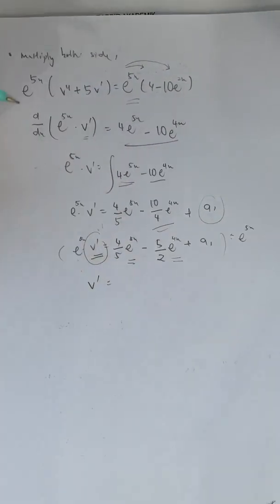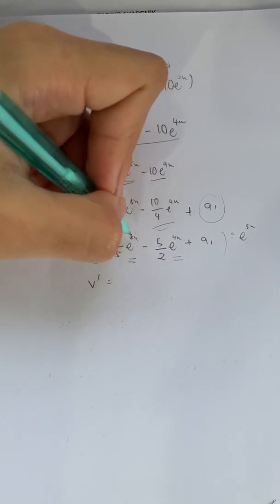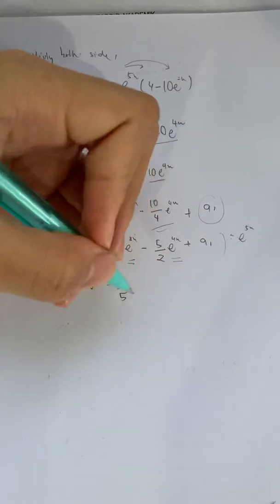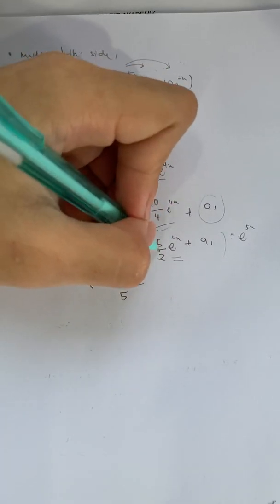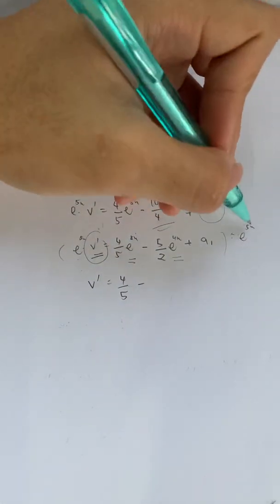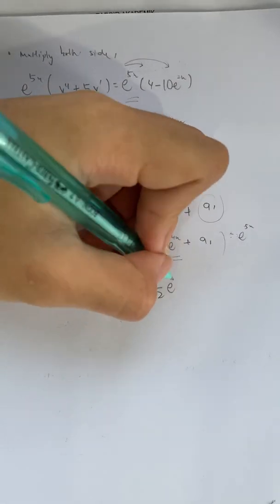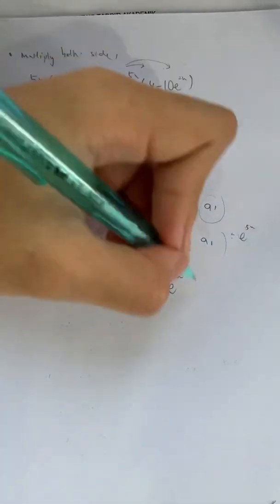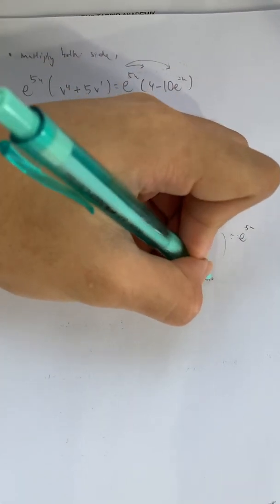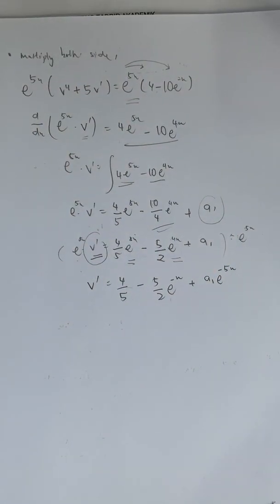So we get v prime, 4 over 5 exponential 5x divided by exponential 5x, we get 4 over 5, minus 5 over 2 exponential 4x divided by exponential 5x, we get 5 over 2 exponential negative x. So a1 divided by exponential 5x, we get a1 exponential negative 5x.